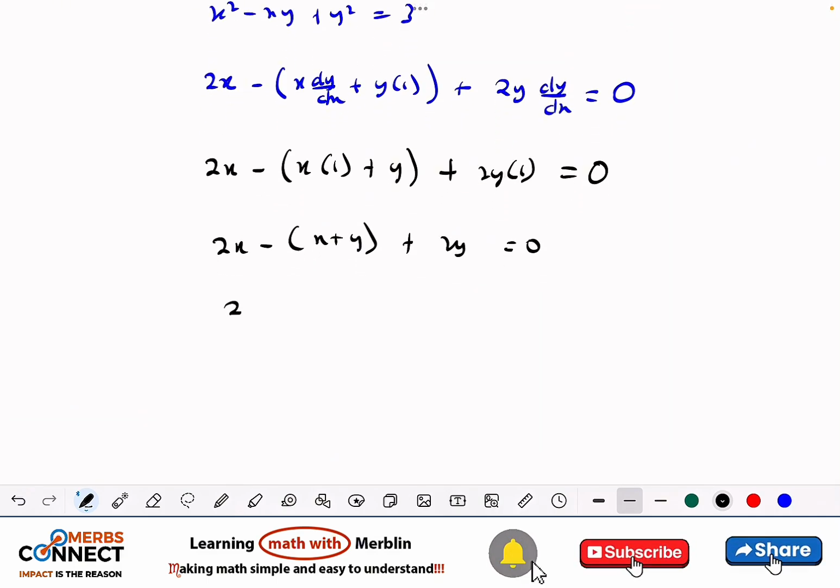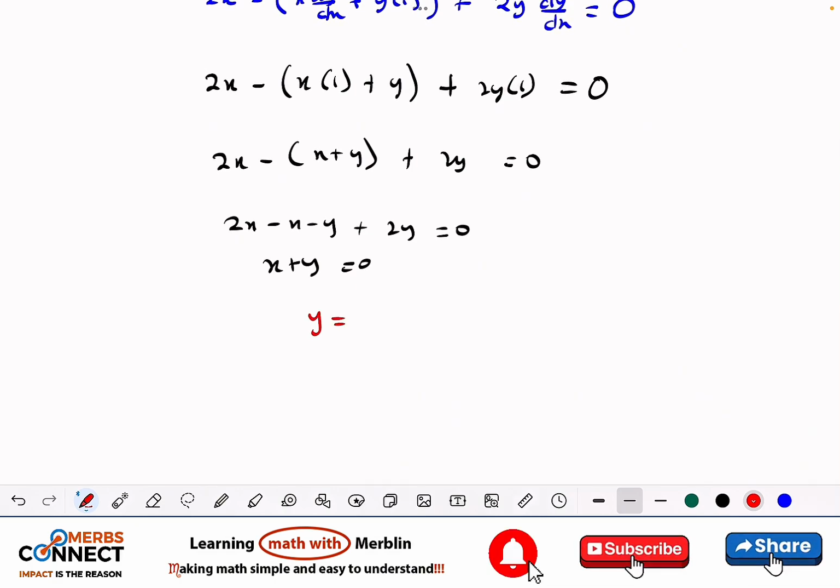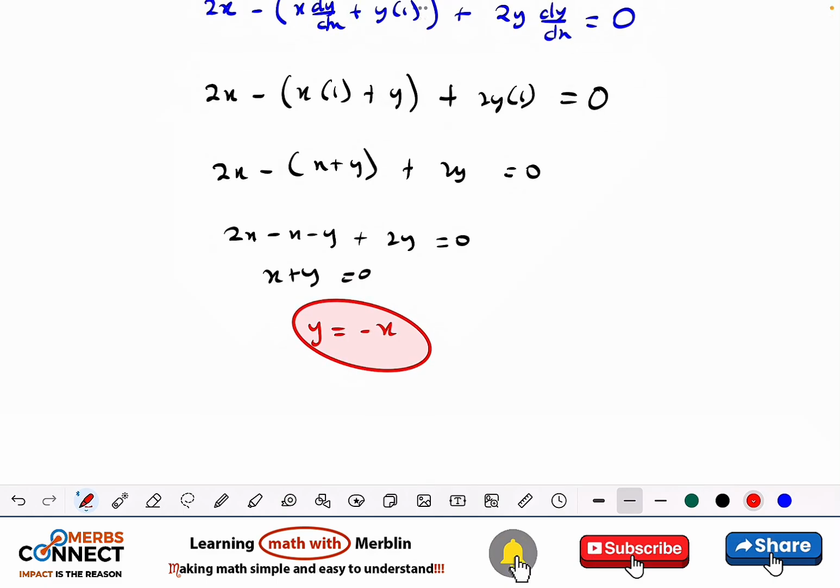So 2x minus x minus y plus 2y is equal to 0. This one will be x plus y is equal to 0, and we get y is equal to minus x. So this will be the final solution from here.